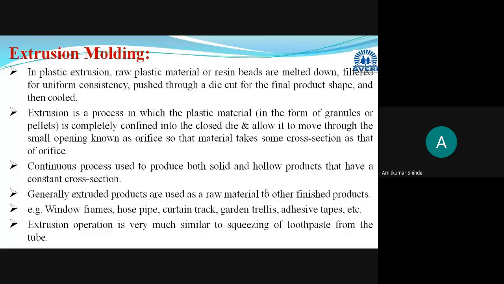Here I have highlighted some basic points and some examples: window frames, which I have shown pictures of, hose pipes, curtain tracks. Curtain tracks are used to hold the curtain at a certain place. At the windows we provide curtains, and the tubes that support them, the curtain tracks, are made by performing the extrusion process only.